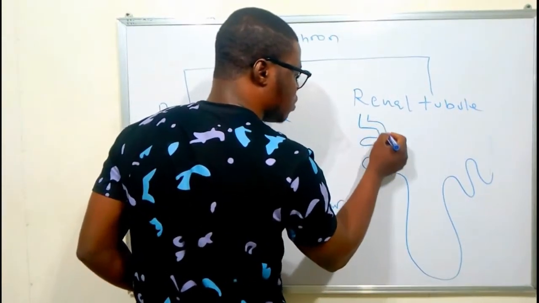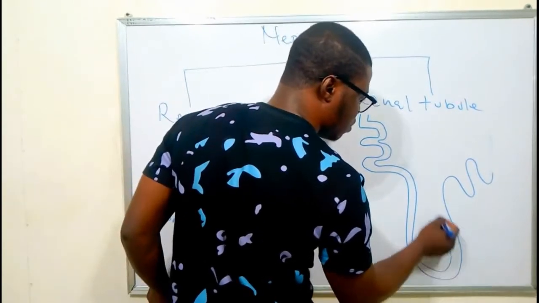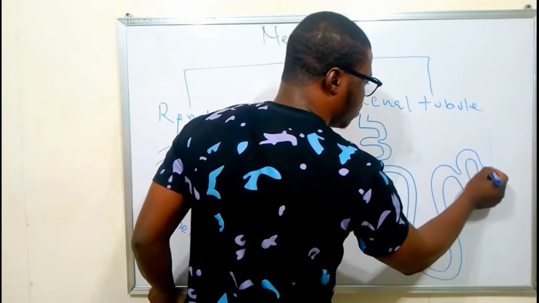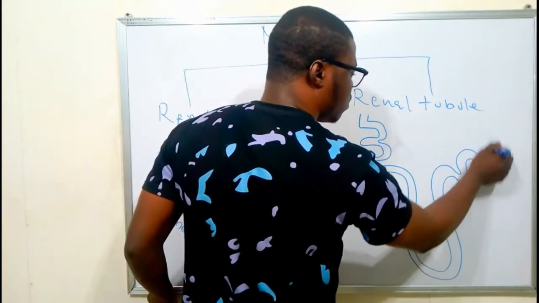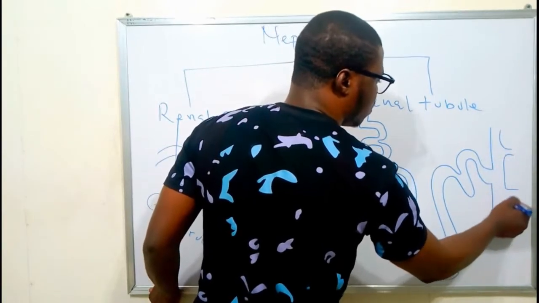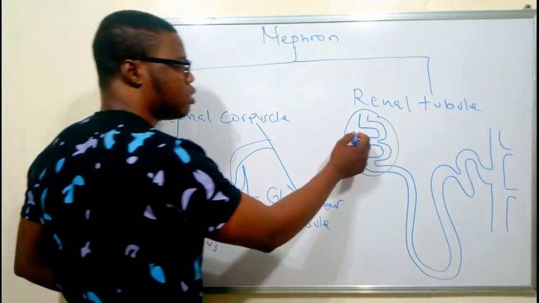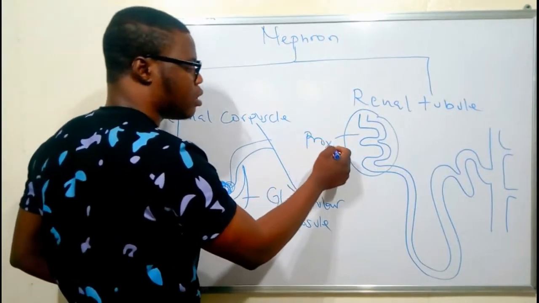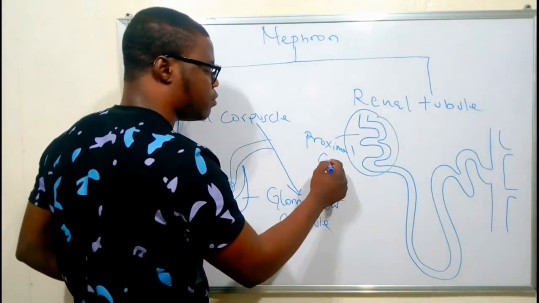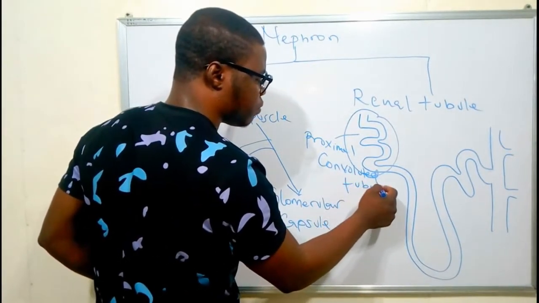So this part right here is called the proximal convoluted tubule.